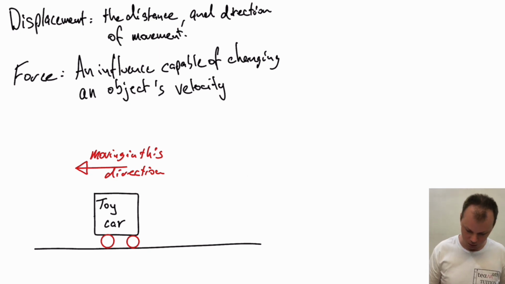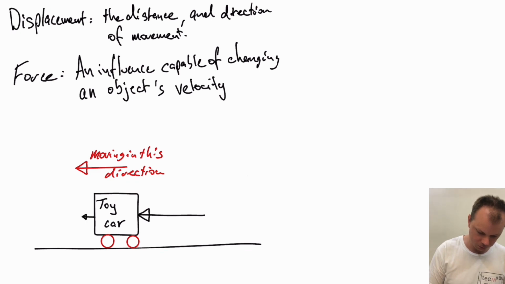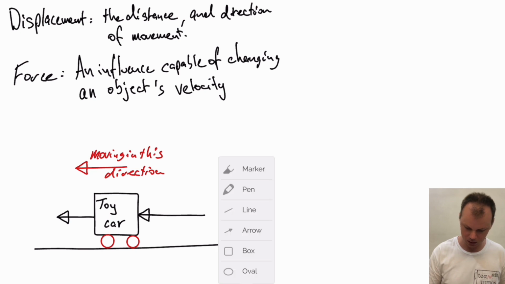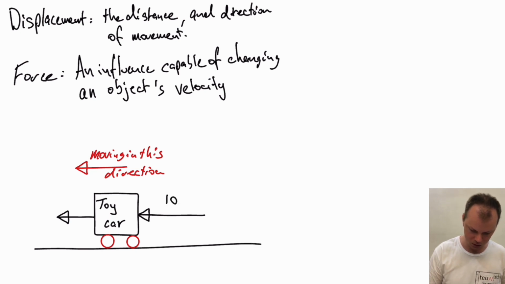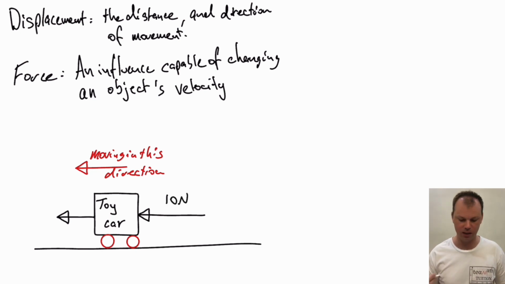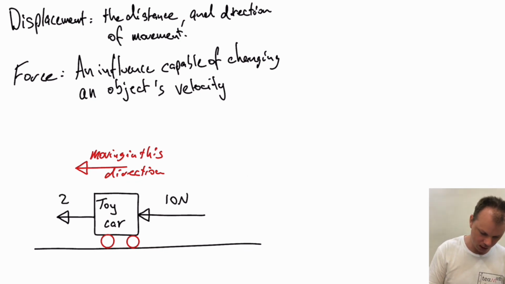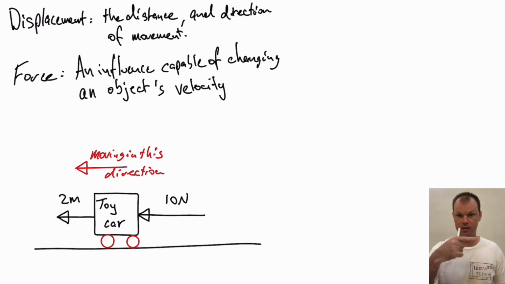If I was to apply a force to that car, so if I'm going to apply a force to the car from behind it, I'm going to apply it for a certain distance that the car is traveling. So let's say that I apply 10 newtons, and the numbers don't really matter for the example, but we'll just put them here anyway. And I apply it over 2 meters in that direction.